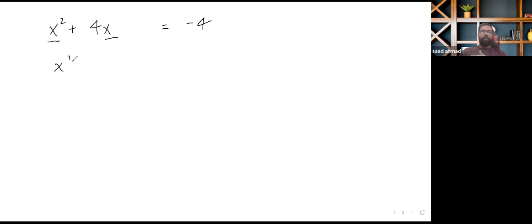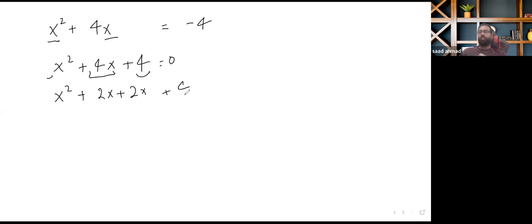So we can rearrange it, and then either we can use the quadratic formula or we can use factorization. We can factorize it: x squared plus 2x plus 2x plus 4. We break the middle term into two numbers that when we multiply them, we get 4, but when we add them, we get 4 as well. So it's 2 plus 2.